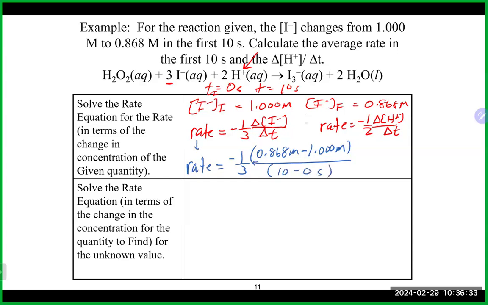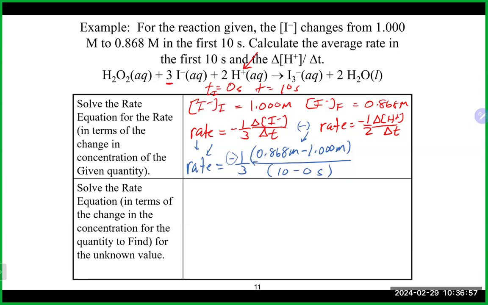The reason we want to do this is that's going to give me a negative number, right? And with this negative, we'll turn our rate into a positive one, which is what we're looking for in this particular case. That means that we have 0.868 minus 1 divided by 10 and divided by 3.